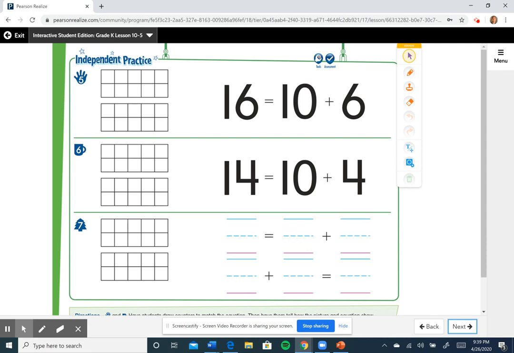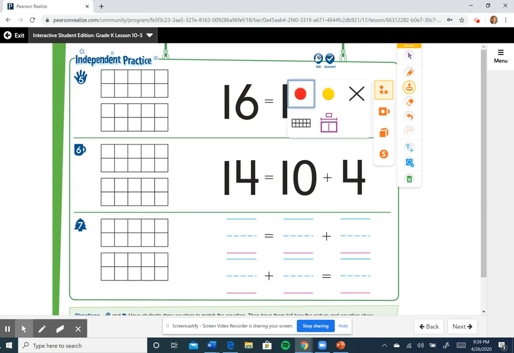Now we have the same thing, and we just need to fill in the 10 frames. So we have 16. I am going to label my counters, or label my numbers, so it helps me a little bit more. So 16 equals 10 red ones plus 6 yellow ones.